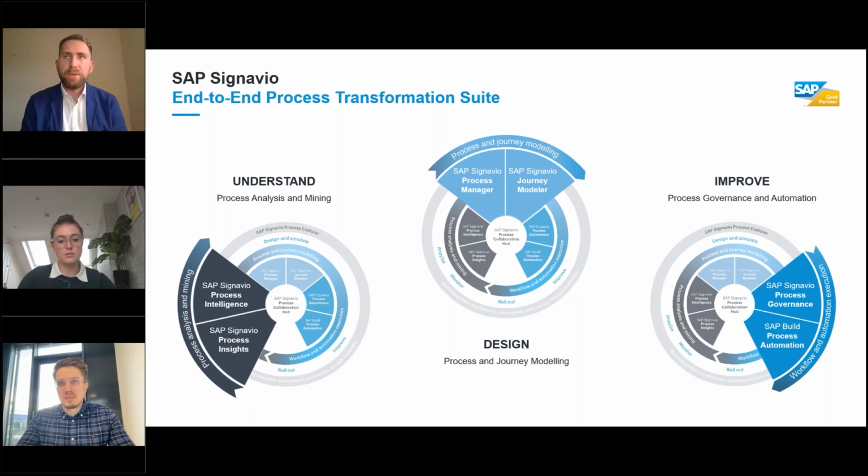And on the right side, we have the improve component, which is characterized by such things as process governance. So really the rollout of processes and ensuring that what you roll out is also governed, it's managed, and it is what you envisioned to roll out.